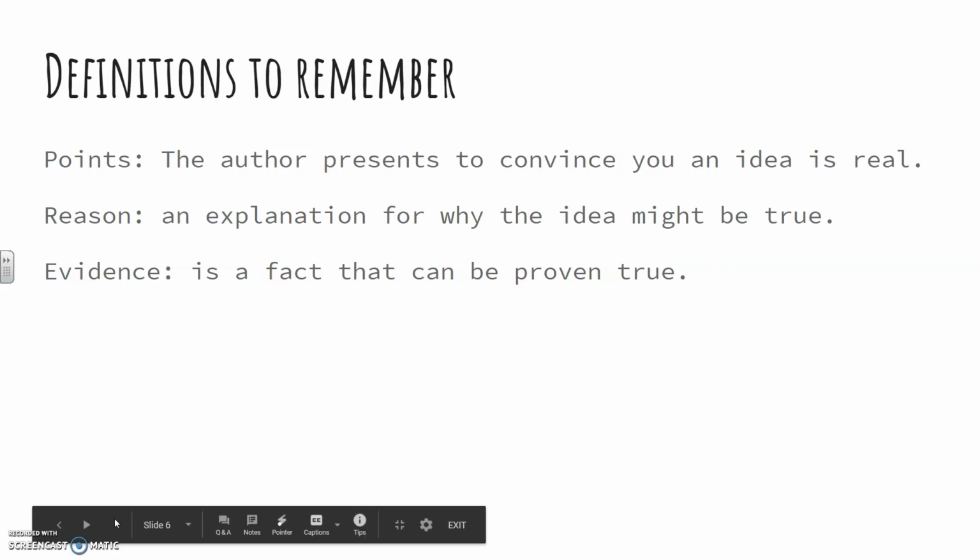That's going to be their explanation for why they think the idea might be true. And then they're going to bring in some facts, evidence, something that you can see. That is going to be a fact that we can pull from any source, any website. That's going to be evidence because it's a fact and it can be proven true.